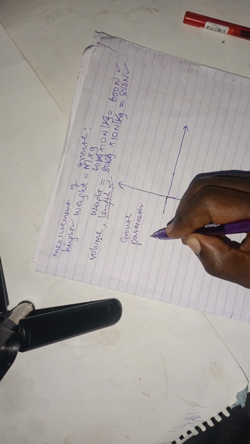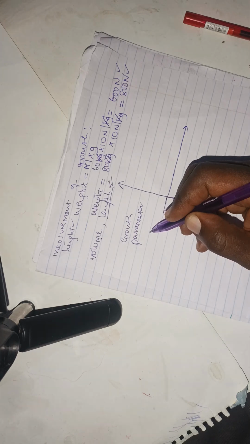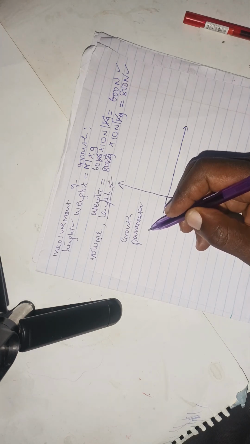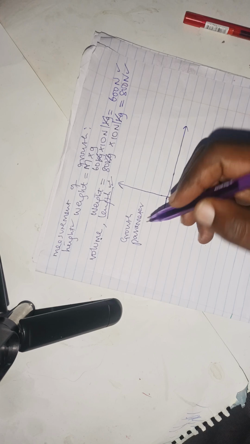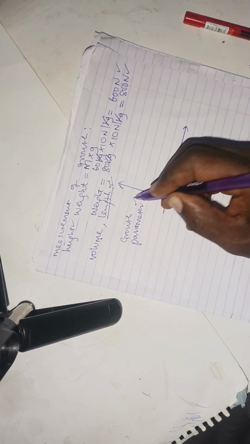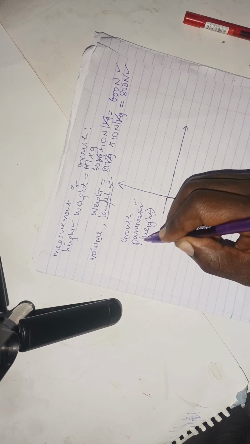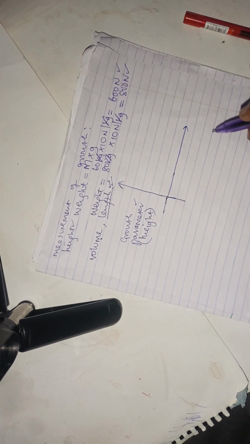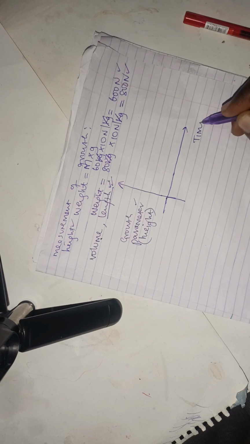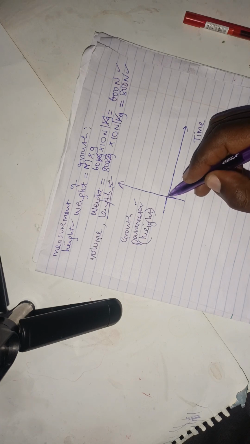For example, I've been measuring the change in height of an organism over a long period of time. So I have here a growth parameter like height. Then I have here the measurement of the change in height with the change in time. I'm going to have this type of curve.